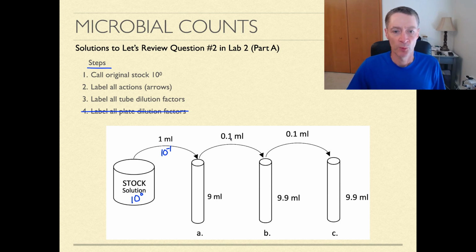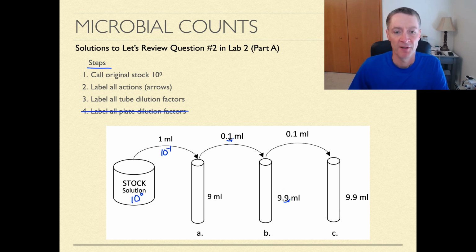The next step, we have a 0.1 milliliters going into 9.9. All right, this is not quite as simple now. What we need to do is to move the decimal point. This is almost like we're taking 1 milliliter and putting it into, move the decimal point again, 99 milliliters.